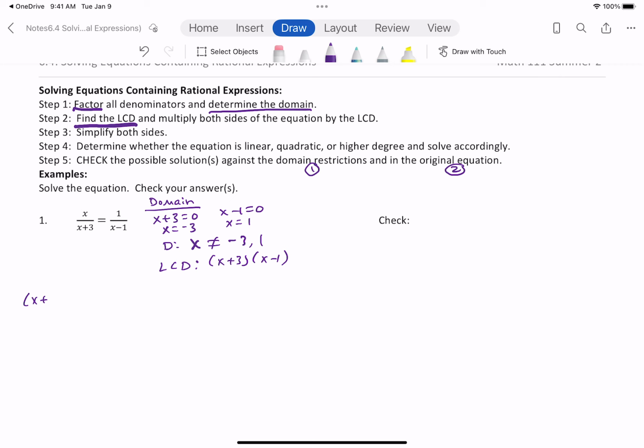So the LCD is x plus 3 times x minus 1. I'm going to multiply the left side of the equation, and I'm going to multiply the right hand side of the equation.